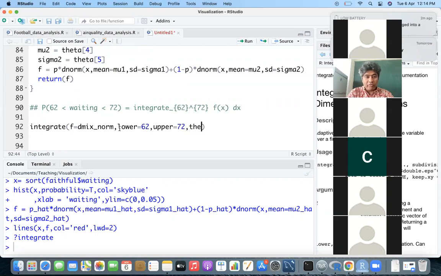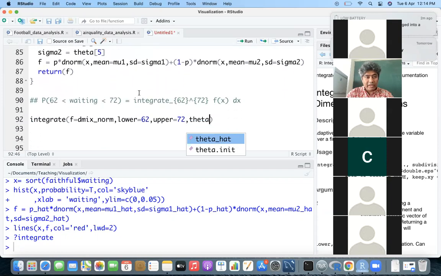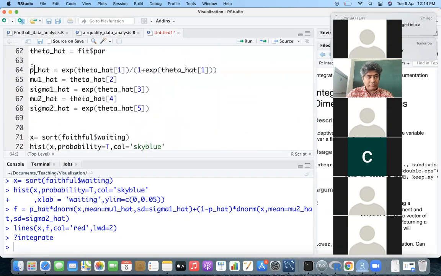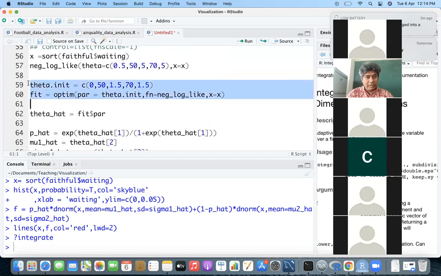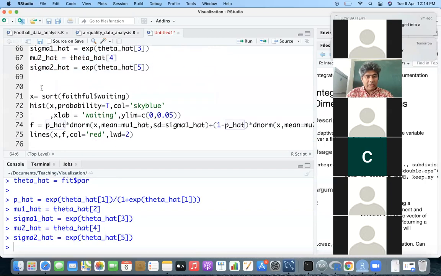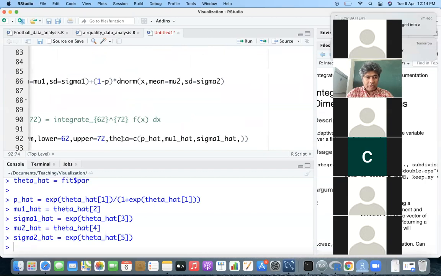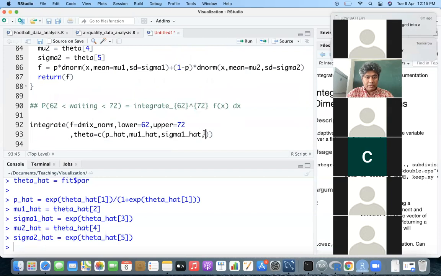And I have to provide theta, because remember that I have a theta here, equal to theta hat: p hat, mu1 hat, sigma 1 hat, mu 2 hat, and sigma 2 hat.